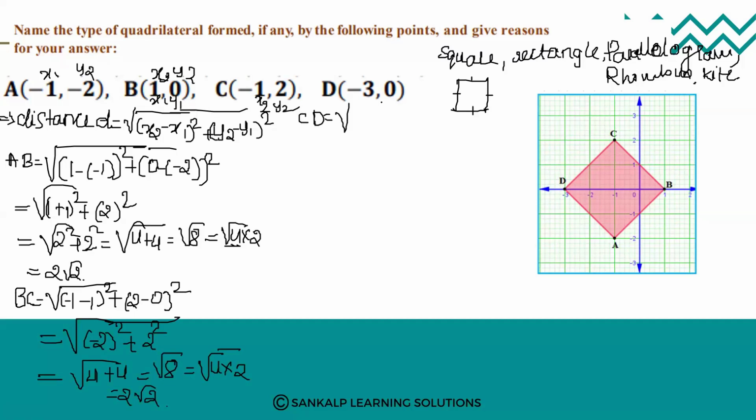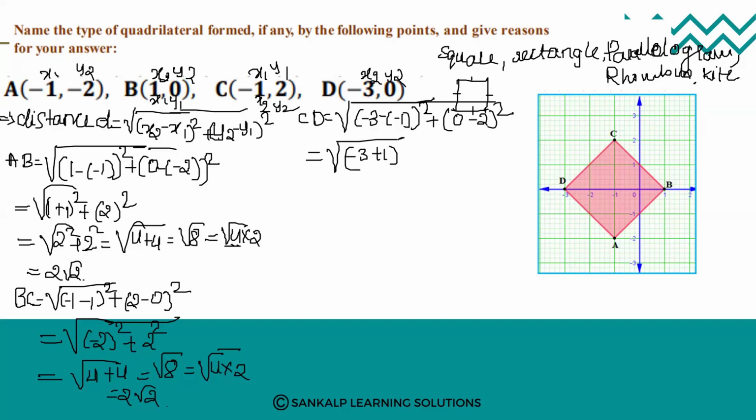To find out CD, this is x1 y1 and this is x2 y2. So the x2 value is minus 3 minus of minus 1 whole square plus y2 is 0 minus 2 whole square, right? Now minus 3 minus into minus plus 1 whole square plus 0 minus 2, that is minus 2 whole square.